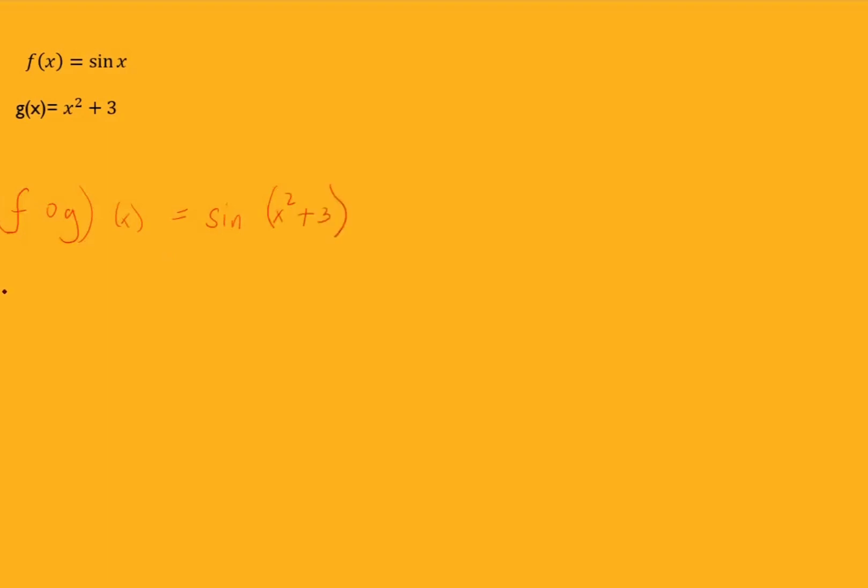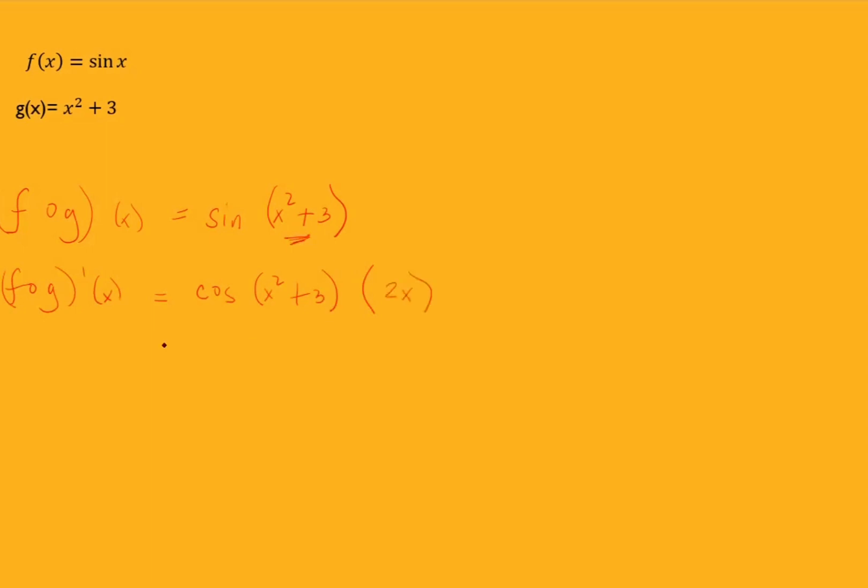Therefore, the derivative of f of g of x is equal to the derivative of sine, which is cosine of x squared plus 3, multiplied by the derivative of your u. Your u here is x squared plus 3, so the derivative of that is 2x.